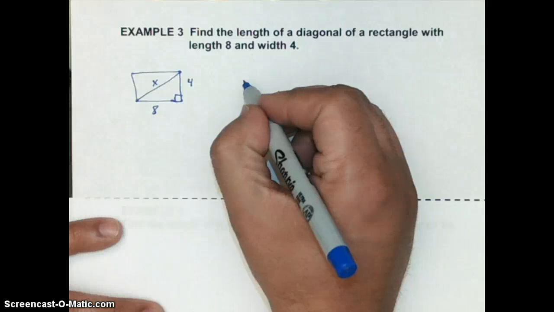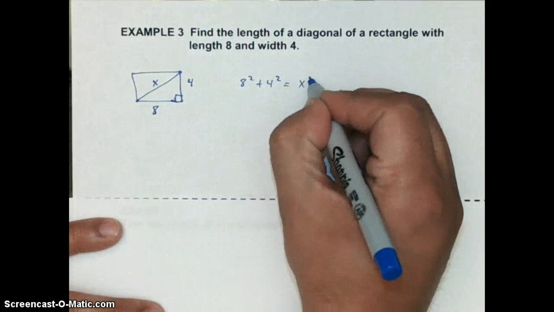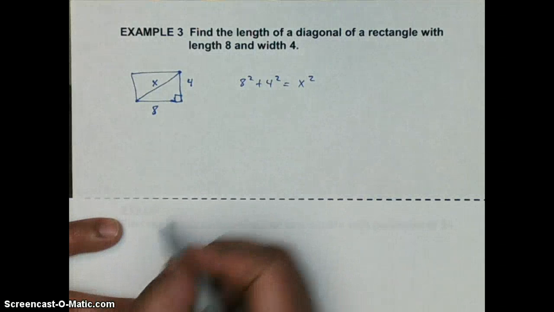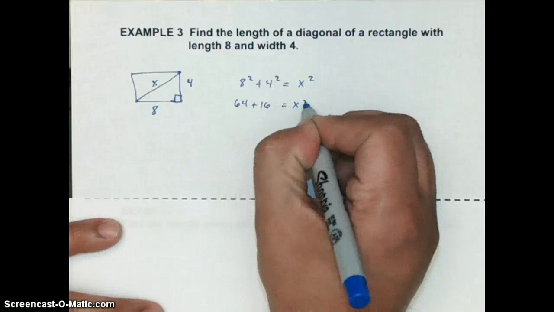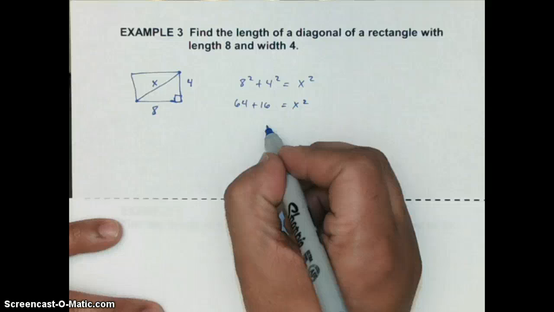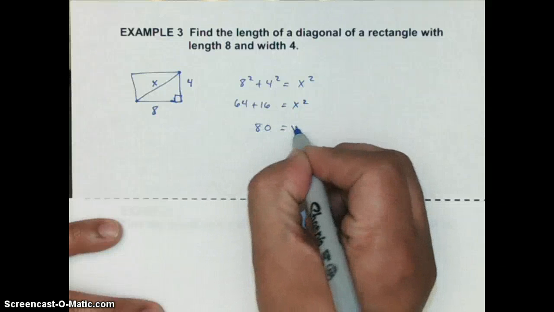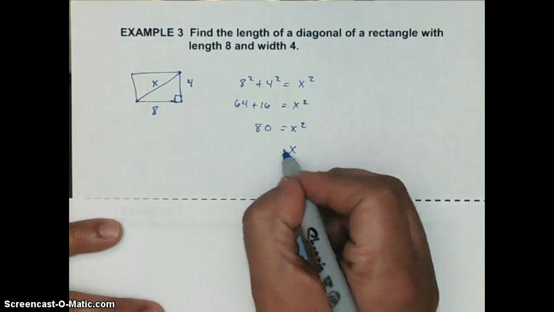I would say 8 squared plus 4 squared is equal to X squared. 64 plus 16 is equal to X squared. If I add these two, that gives me 80. Then I need to take the square root.